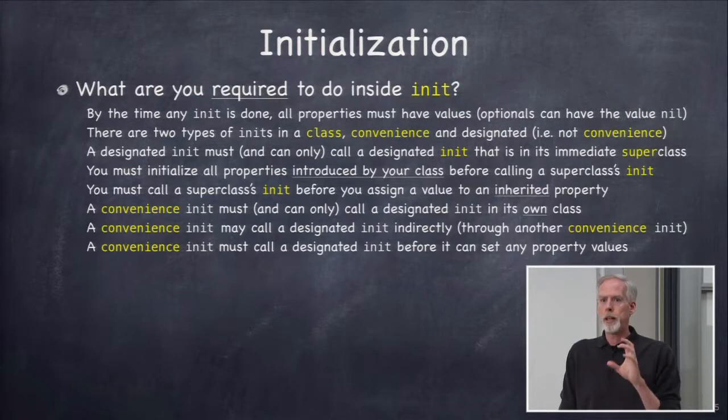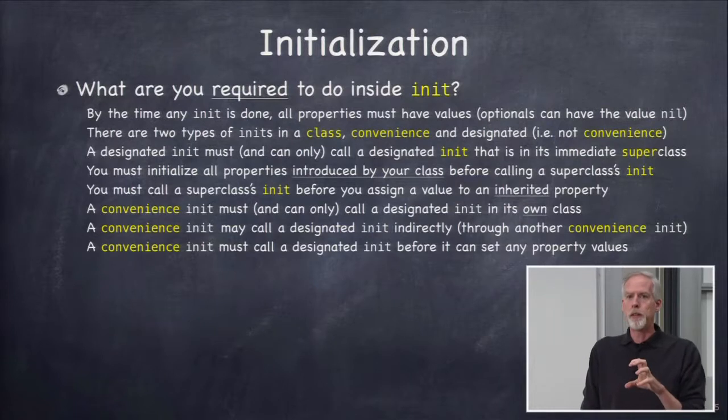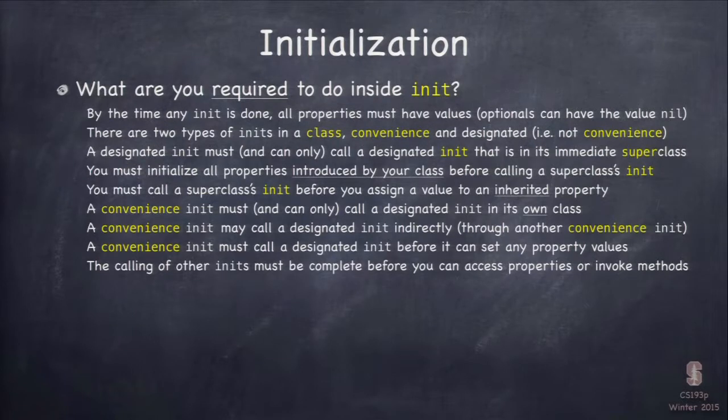You have to get your object primarily initialized before the convenience initializer can start hacking at properties. The calling of other inits, whether you're a convenience initializer calling your designated one, or a designated one calling up to your super's designated one, has to be complete before you can start accessing your properties and methods.